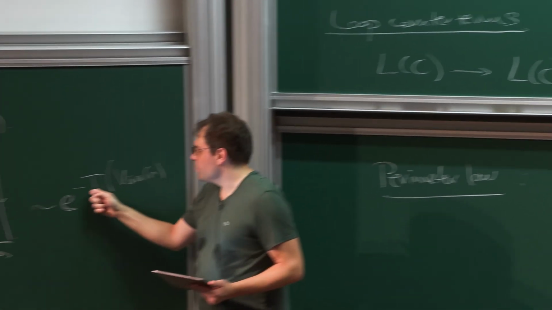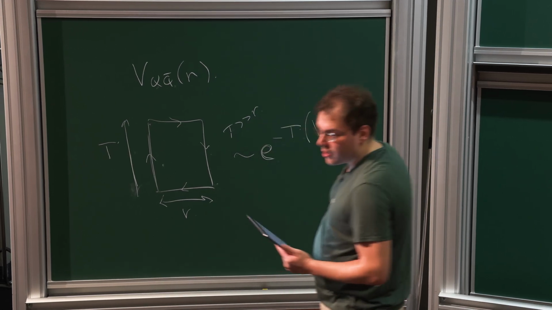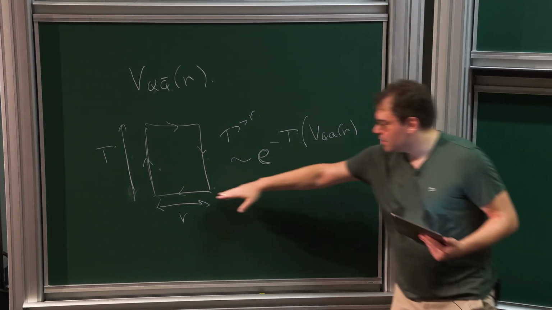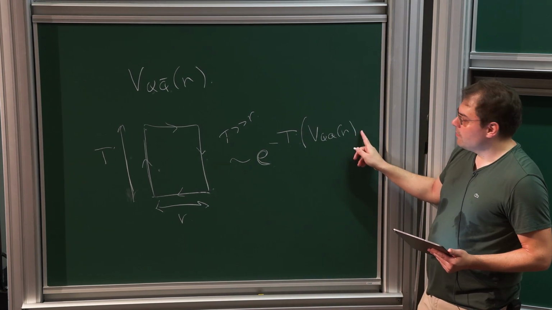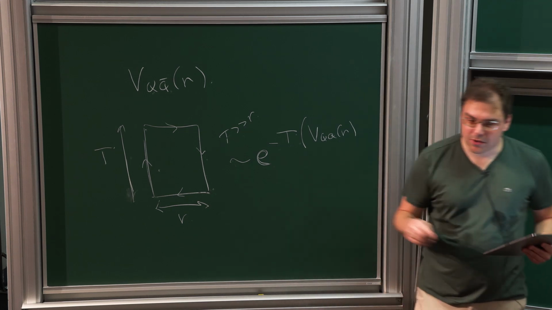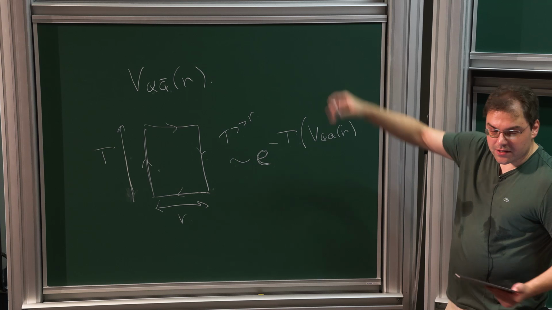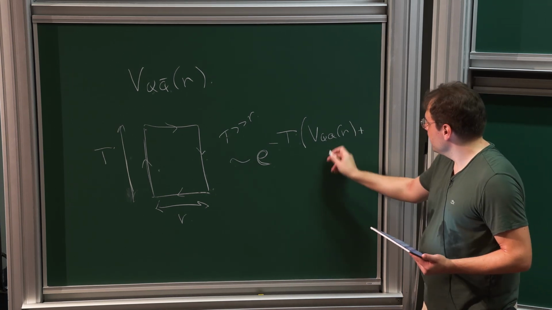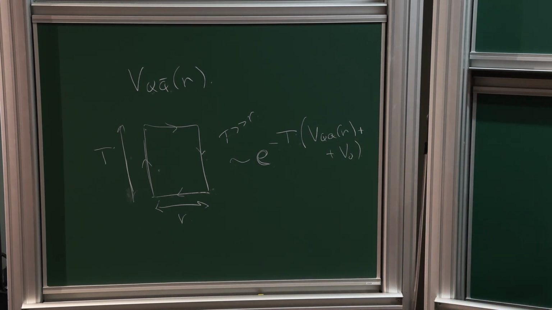Well, this happens in a limit where t is much bigger than r, so large Euclidean time evolution. So you project onto the ground state of this QQ bar system. The perimeter is 2 times t plus 2 times r, roughly speaking. And if t is much bigger than r, it's just a constant times t. And this constant just appears as a kind of V0 shift in the definition of the potential.